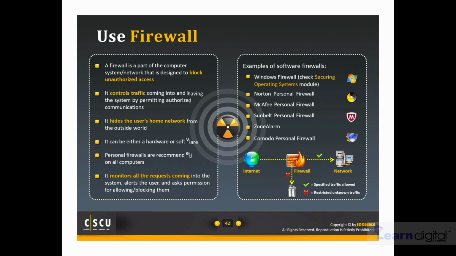Personal firewalls are recommended on all computers, and they monitor all requests coming into the system, alert the user and ask permission for allowing or blocking them, right? Some examples of software firewalls are Windows Firewall. You can just check it on your Windows machine.